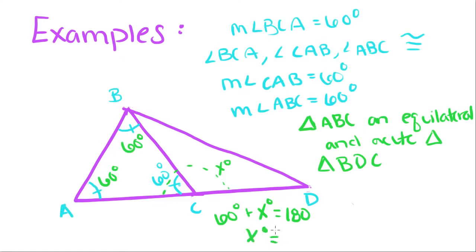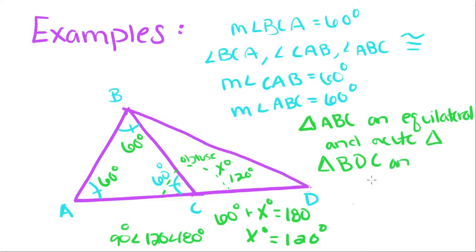So if we subtract 60, we find X equals 120 degrees. And since 120 is greater than 90 but less than 180, we know that this is an obtuse angle. So that makes triangle BDC an obtuse triangle.